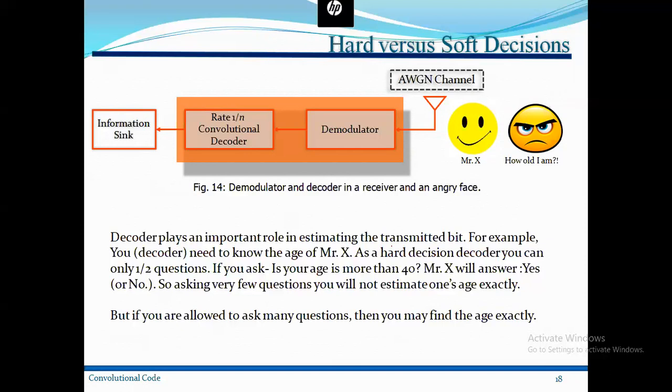After knowing the age is more than 40, you need to determine the exact age of that person. For this, you need to ask several questions. It means that you want to set the levels, and with those levels, you can predict what is right and what is not right.